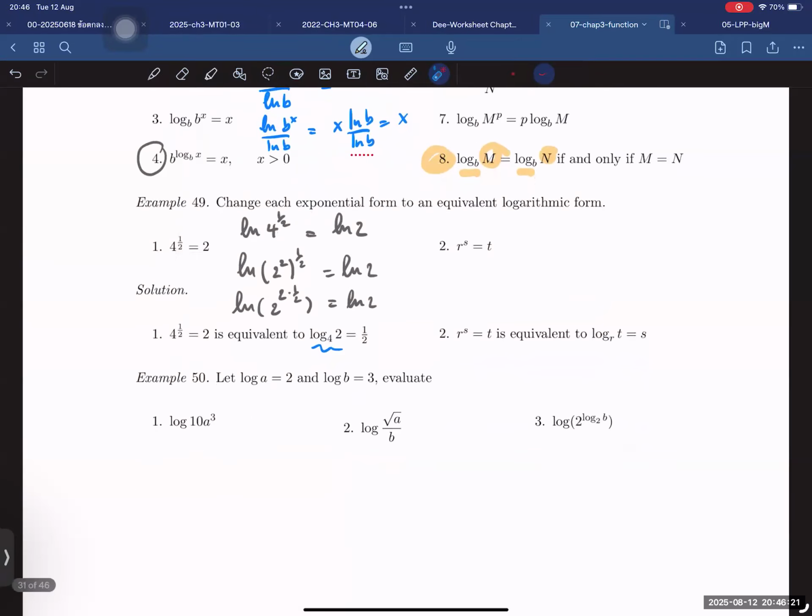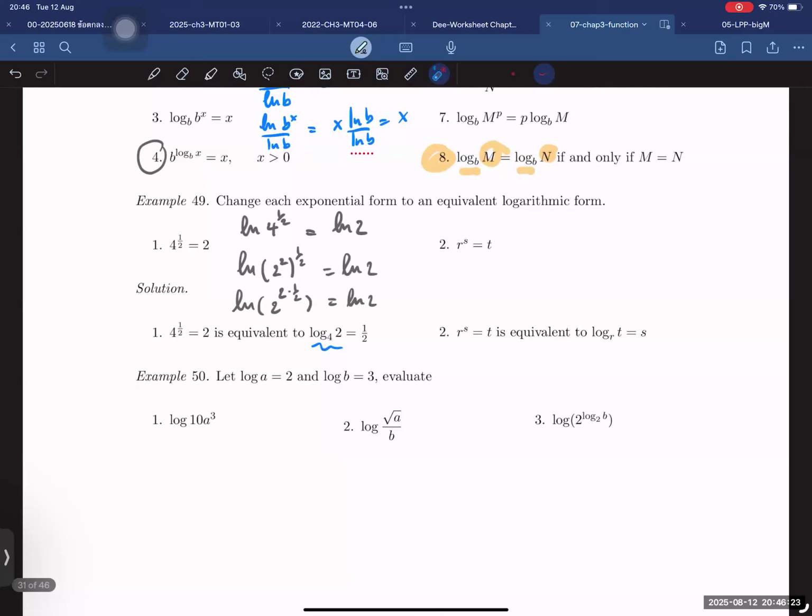Let's go to evaluation here. We can see this in the mock exam. If they give you that log of a is 2 and log of b is 3, they want you to evaluate. In this case, the log of 10a cubed, we can use properties, right?